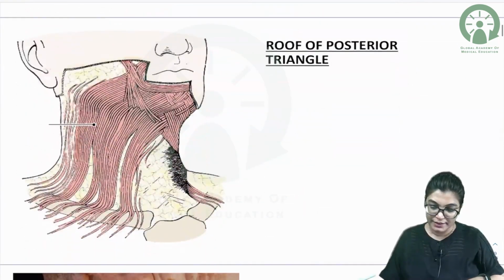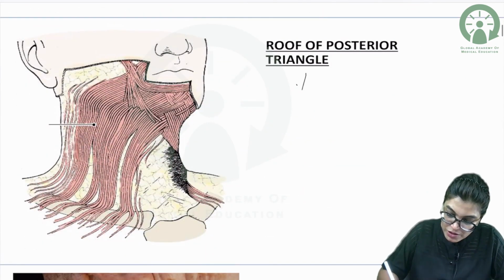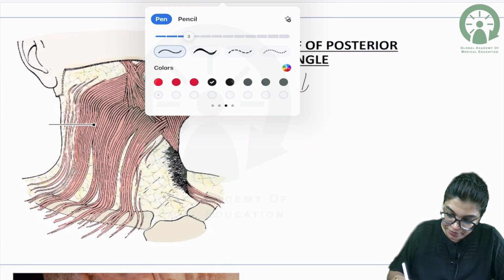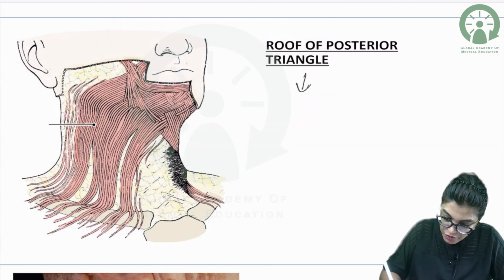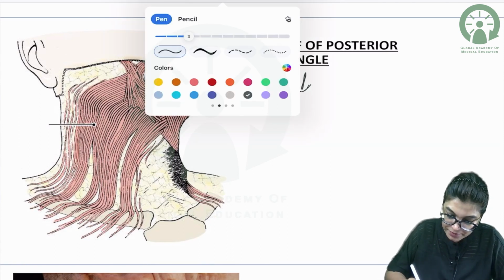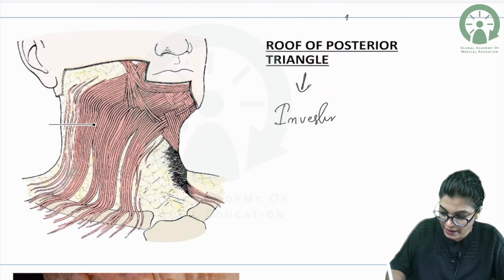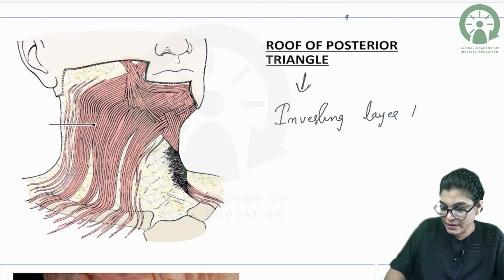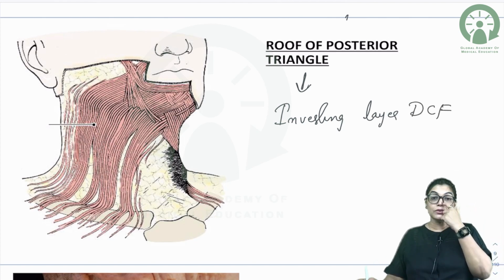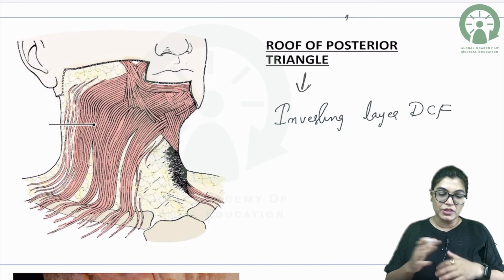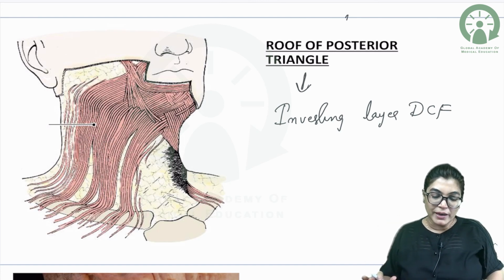Now let's talk about the roof. The roof of the posterior triangle is formed by the investing layer of deep cervical fascia, and the roof is covered by superficial fascia and the skin. I also want everybody to note down the structures residing in the roof.